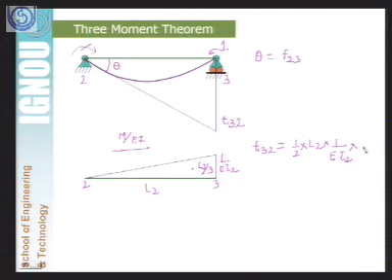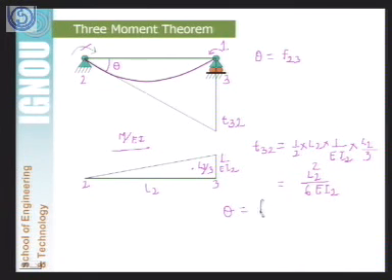So multiply here by L2 divided by 3. So this will be equal to L2 square divided by 6EI2. Now what will be the value of theta?